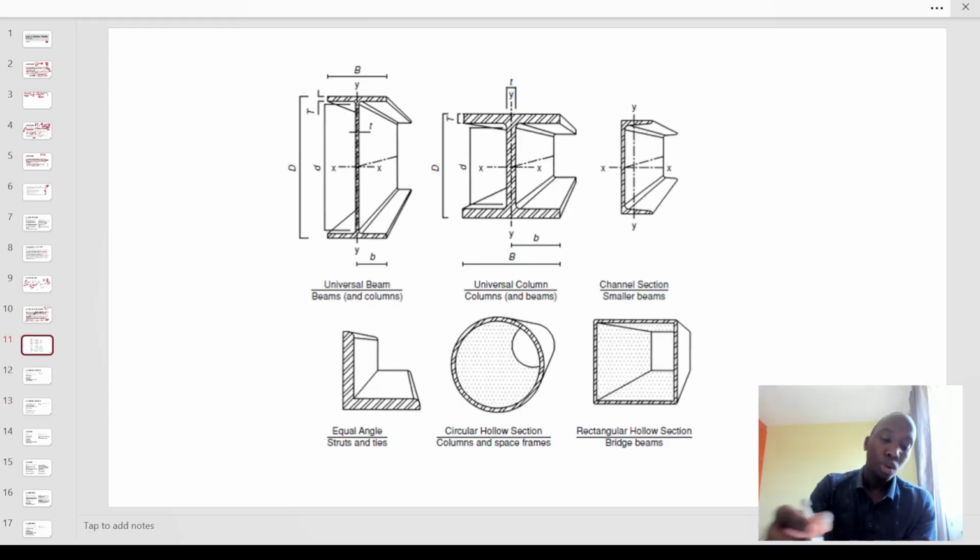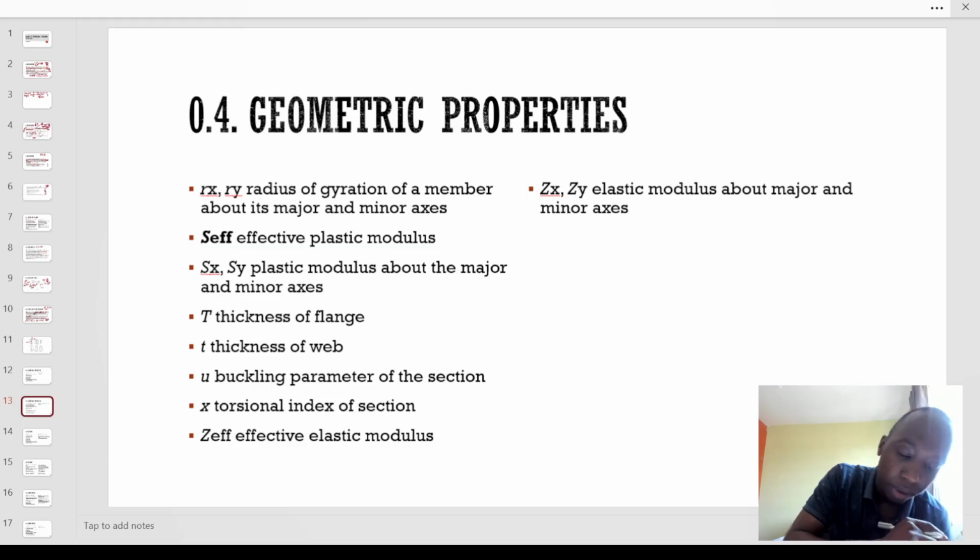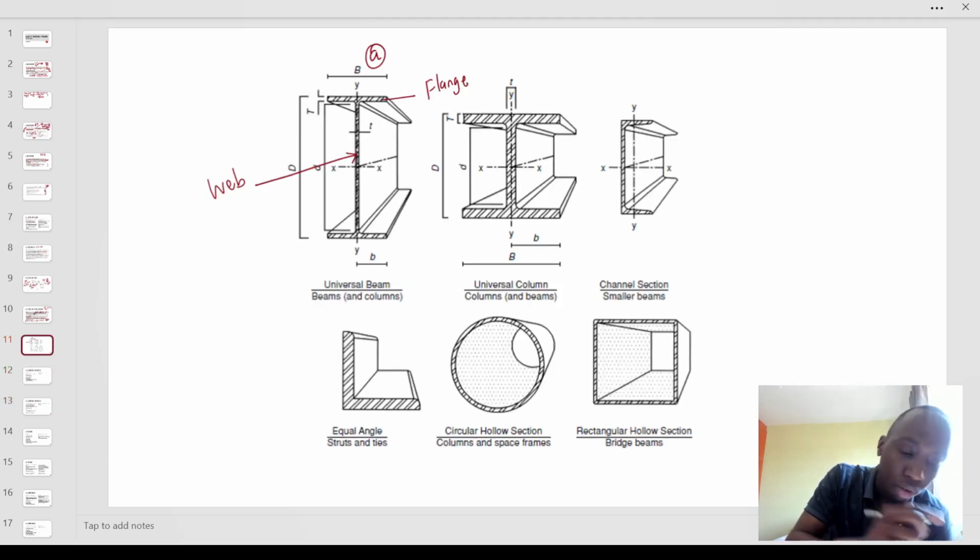Okay, so let's look at this. Let's analyze these images. So let's look at case A. This is what we call the flange. This is what we call the web. Okay, that's what we call the flange. This is what we call the web.